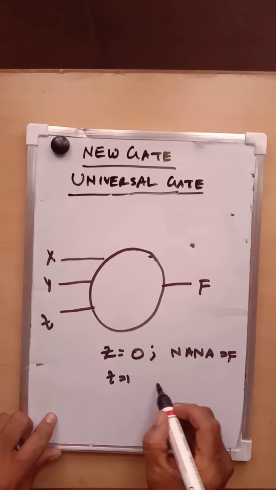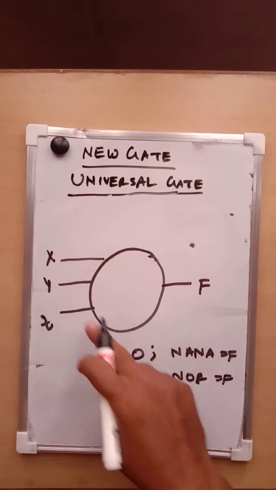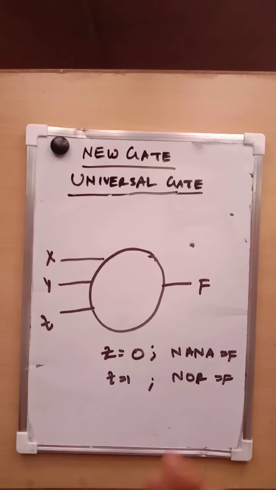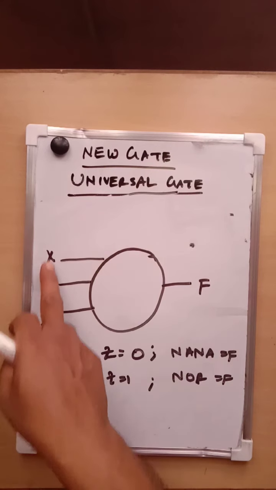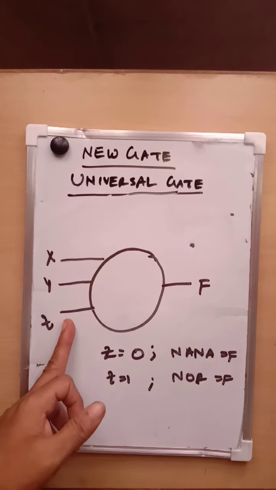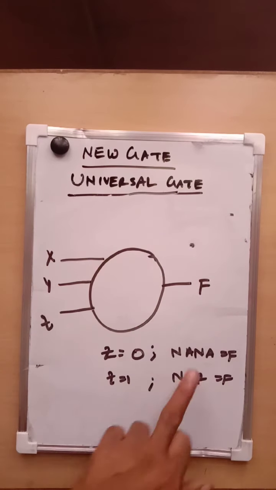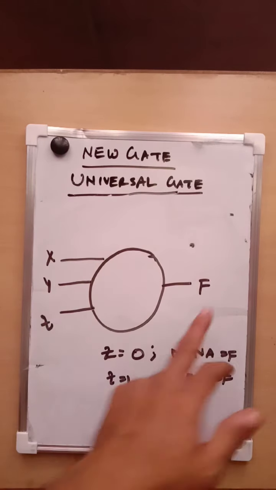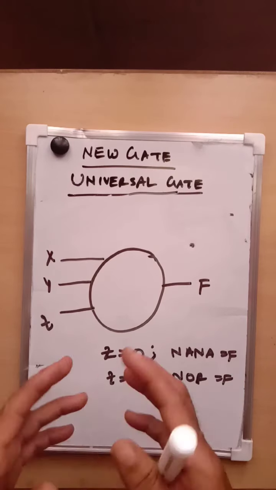If Z is 1, F is NOR. Why am I representing it with a circle? Because the symbol of the universe is a circle, a sphere. We have three inputs, but this input Z decides how the inputs become the output. If Z is 0, F is equal to XY bar, that means a NAND gate. If Z is 1, then F is equal to X plus Y bar, a NOR gate. This is what we call the universal gate.